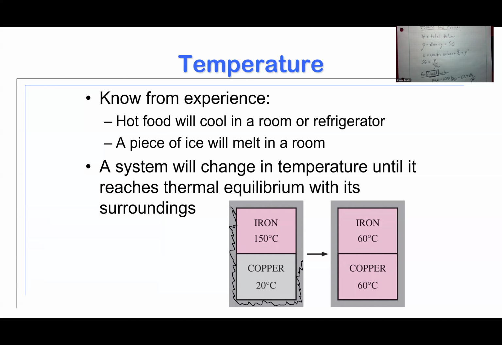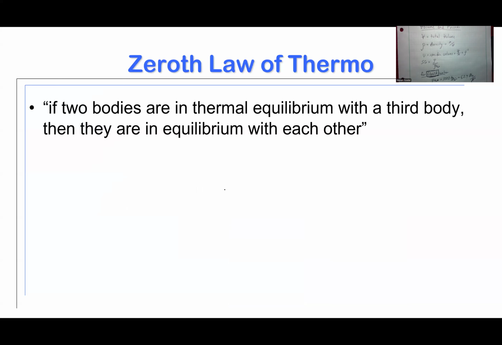If I'm drawing insulation, I'll probably do something like this squiggly line around something. That tells us we've insulated it. So if I put a hot chunk of metal next to a cooler chunk of metal and insulate them, I basically try to prevent those objects from interacting with the surroundings through heat transfer. That means all the energy is trapped between the two, and they're just going to exchange energy until they reach an equilibrium.